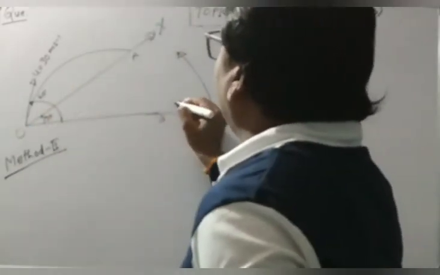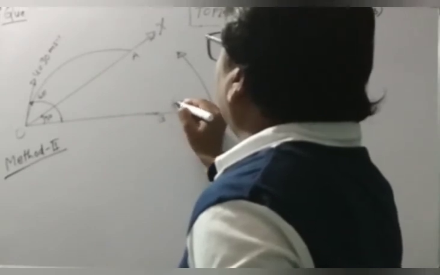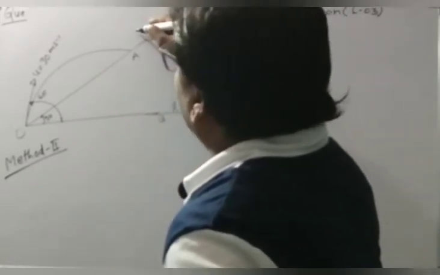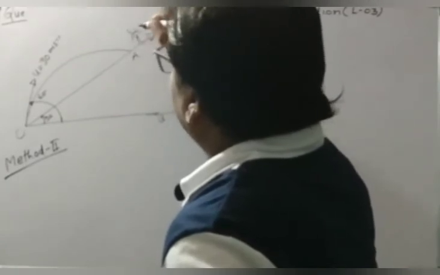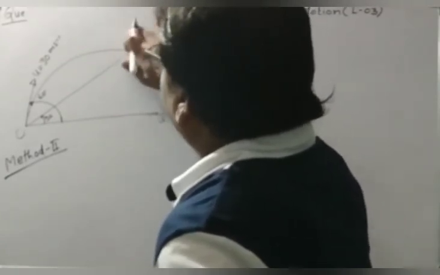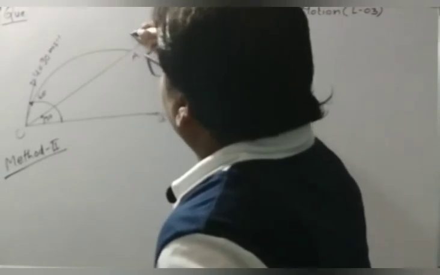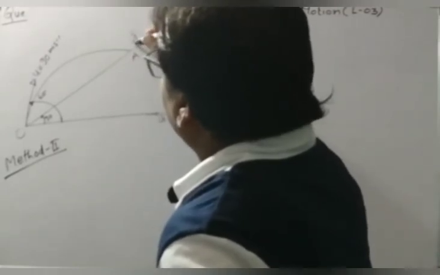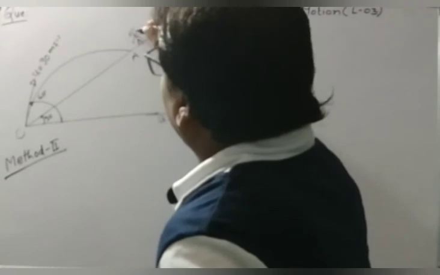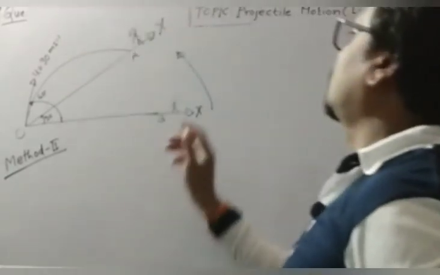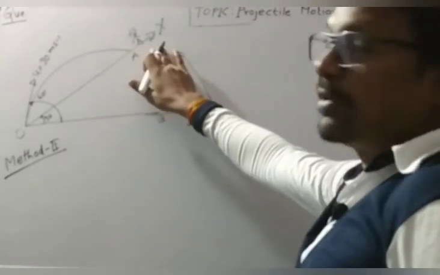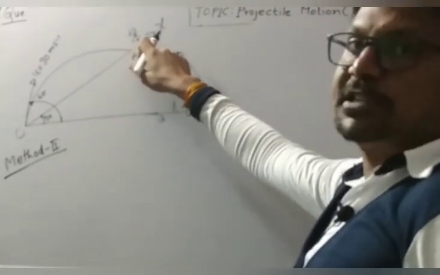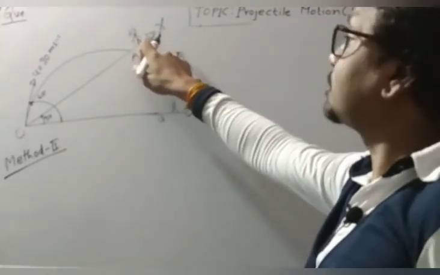Suppose somebody was here and when rotated, this person will be at this point. Okay, dear. The person is now observing everything standing at this position.